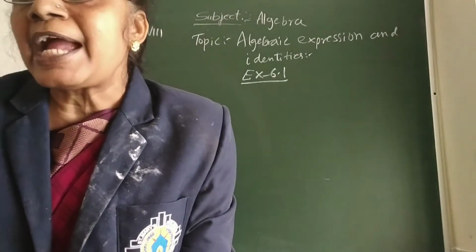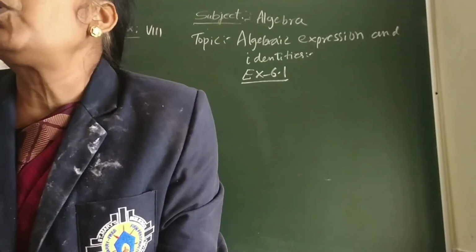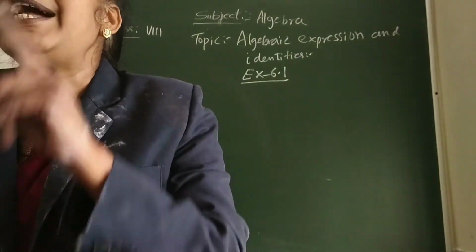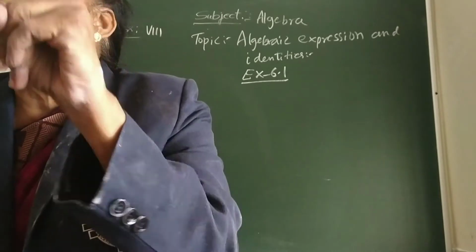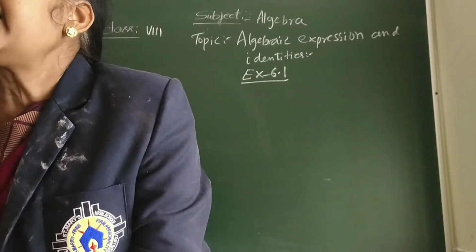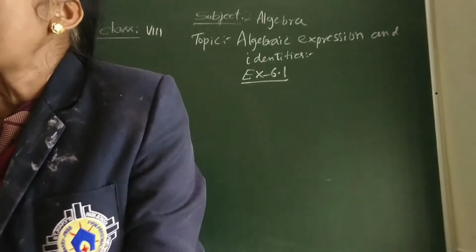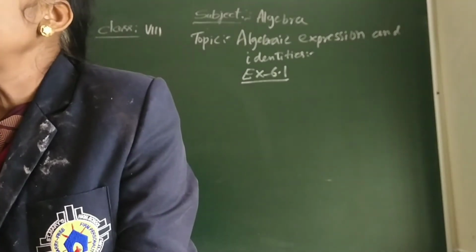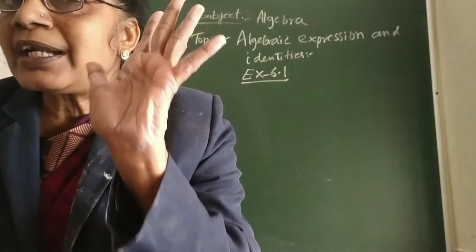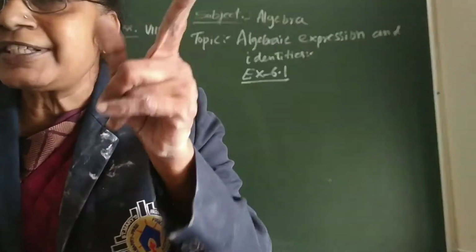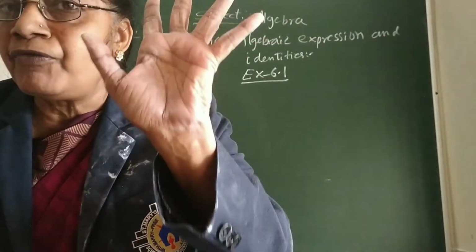I have taught you this in the video class, so you have to do that sum in your homework book. Second sum: classify the following polynomials as monomials, binomials, trinomials. That is very easy, so that also you have to do in your homework book.